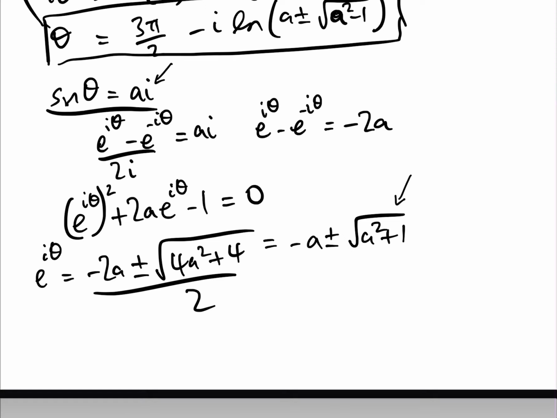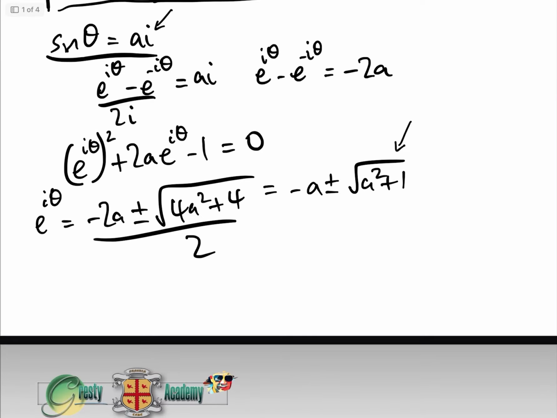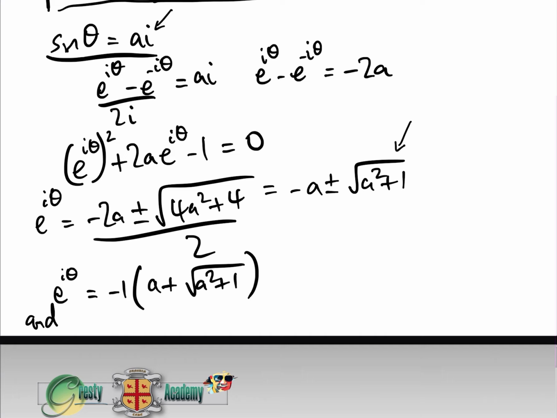Now, because a squared plus 1 can be greater than a, we have to split this into two, same as the previous video. We get e^(iθ) equals, we either take minus 1 out, which will be a plus root a squared add 1, and the other solution, e^(iθ) is minus a plus root a squared plus 1.